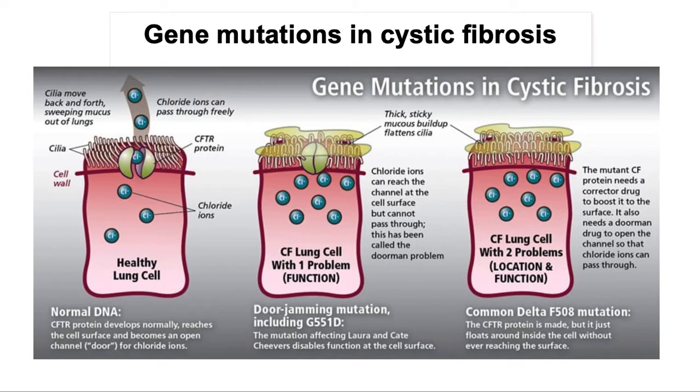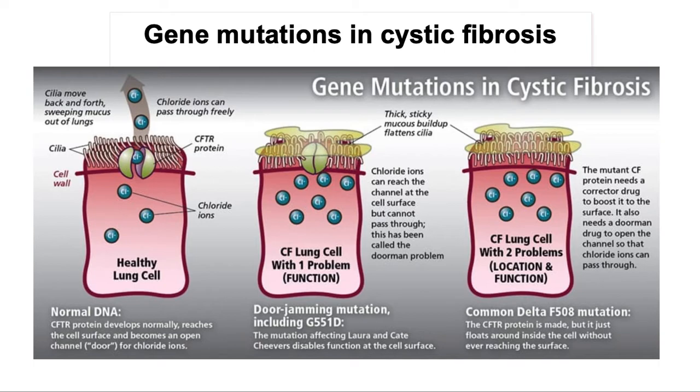Worldwide, this mutation is found in approximately 70% of patients with cystic fibrosis. Since cystic fibrosis is an autosomal recessive disease, affected persons harbor mutations on both alleles. The nature of mutations on the 2 alleles influences the overall phenotype, as well as organ-specific manifestation.